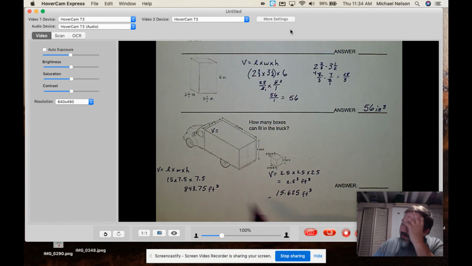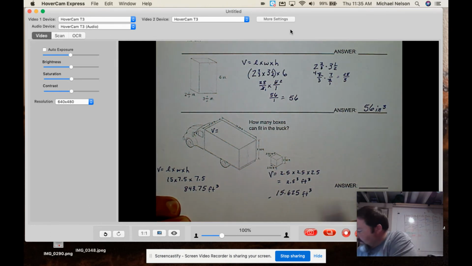So that's the easy operation there, is to do the division. So I'm going to go ahead and divide, flip my calculator back. I'm going to do 843.75. I'm going to divide that by the size of the boxes, 15.625, and that equals exactly 54.